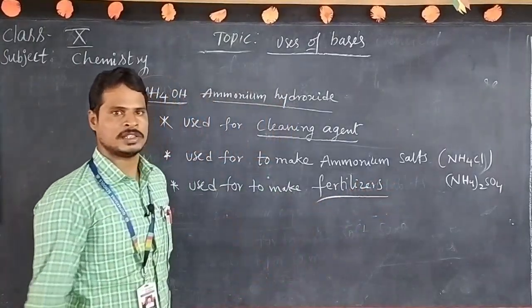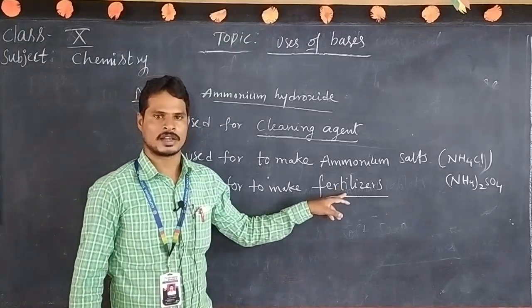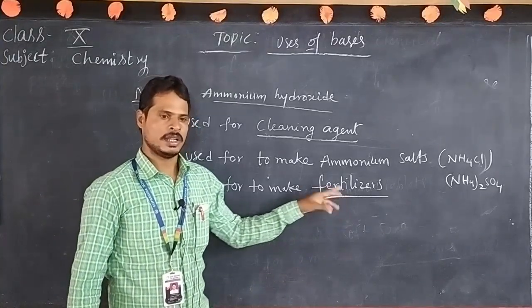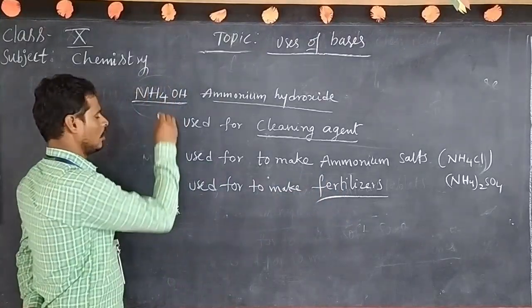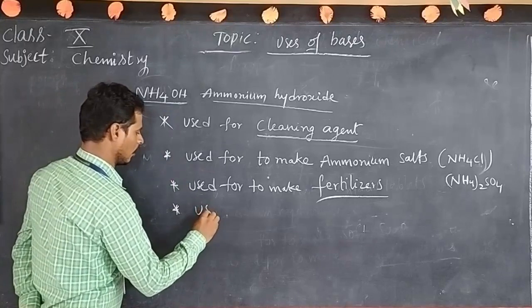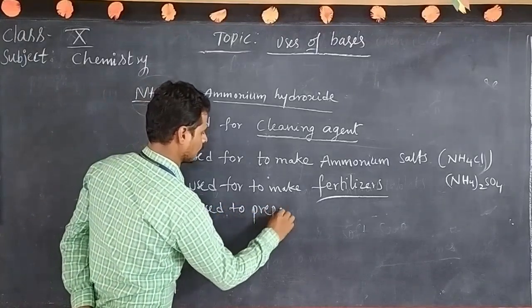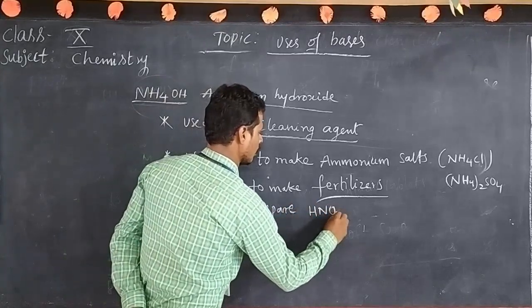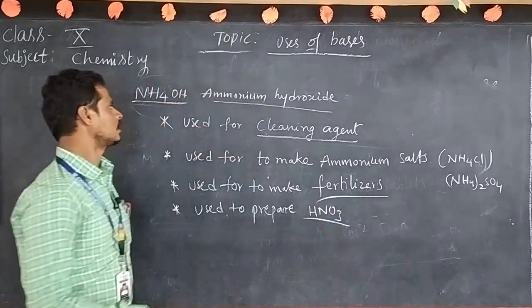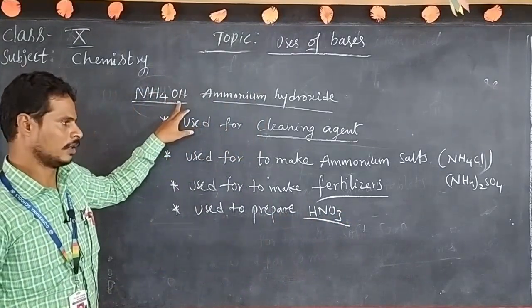Where should we use fertilizers? These fertilizers we use for agriculture purposes. Next, another one. What is the use of ammonium hydroxide? It is used to prepare nitric acid. So these are the uses of ammonium hydroxide.